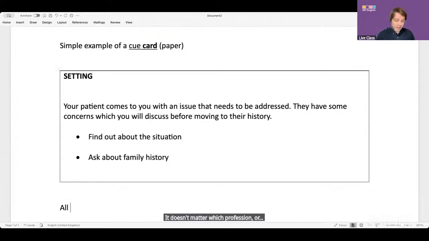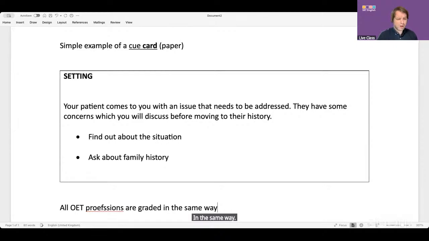All OET professions are graded in the same way. If you're a pharmacist, dietitian, veterinarian, it's all the same, the speaking. The writing's a bit different, but the speaking is basically more or less the same.